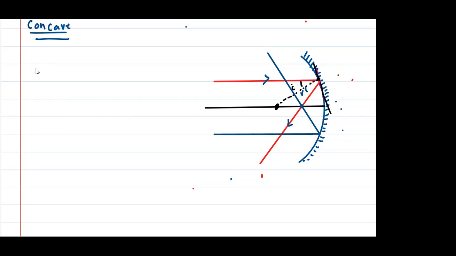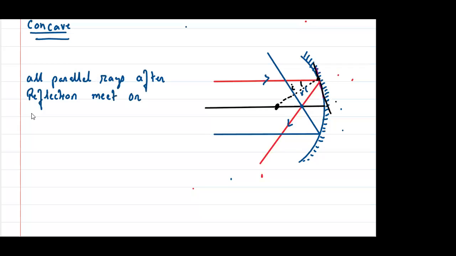I'll write this as a statement that all parallel rays of light, where parallel means parallel to the principal axis, after reflection meet or intersect at one point.